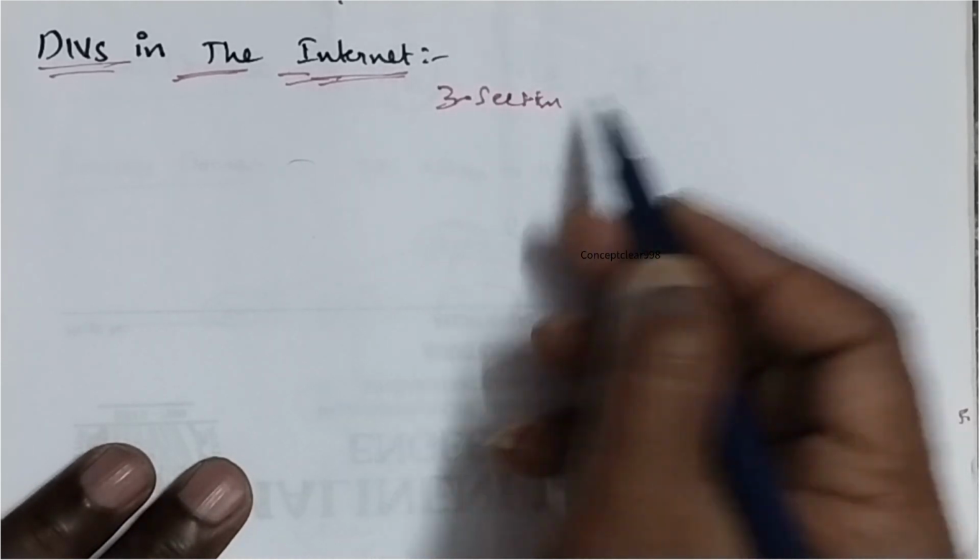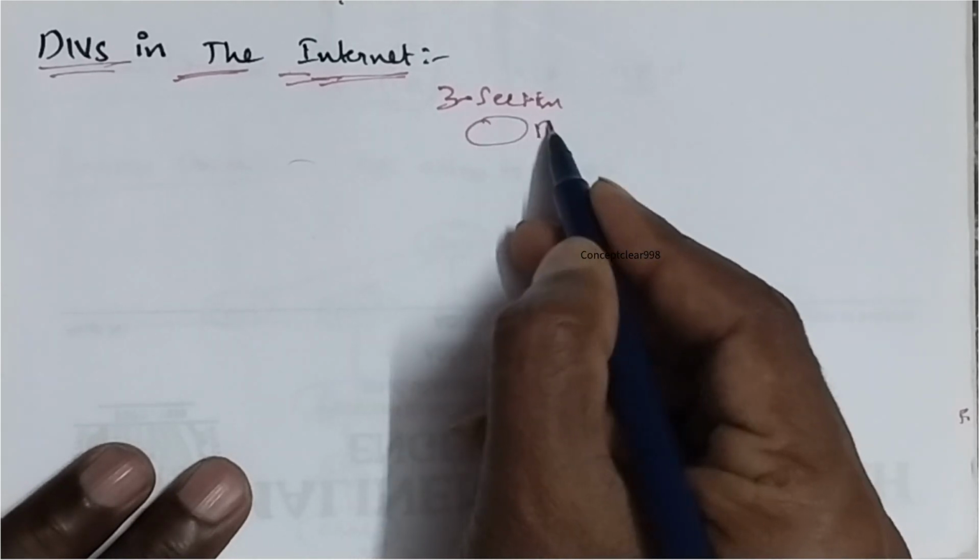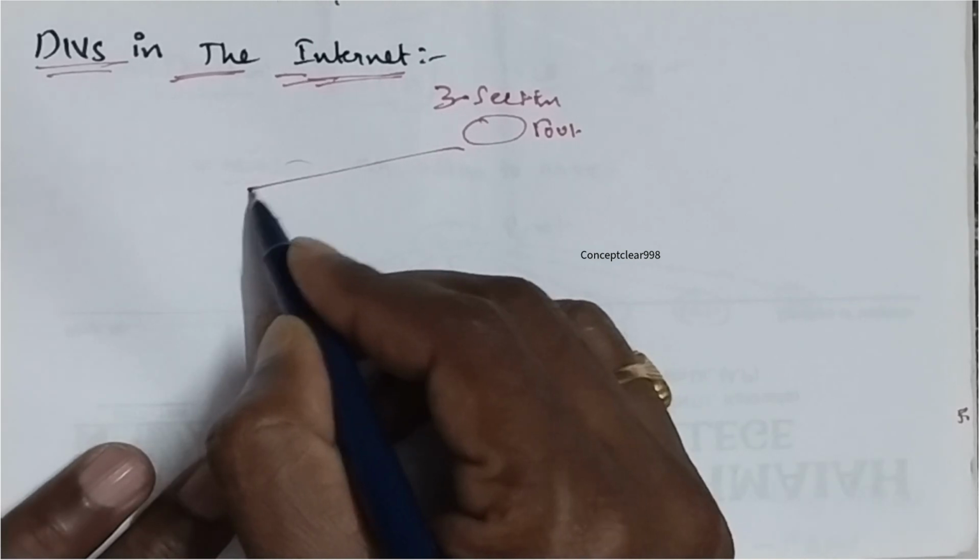Again, that is the root node, divided into three types.